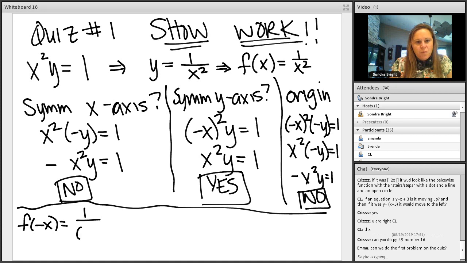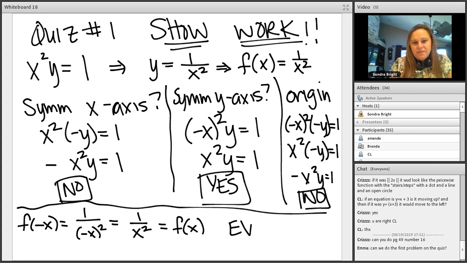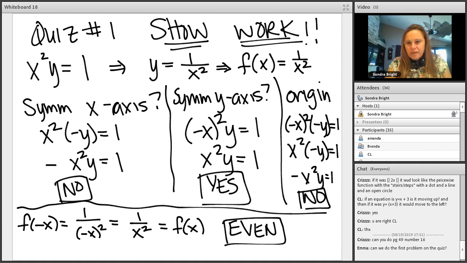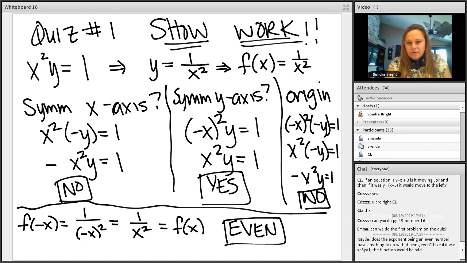And I would have a 1 over negative x quantity squared. And that becomes a 1 over positive x squared, which is equivalent to my original f of x, which means it's even. It is an even function.